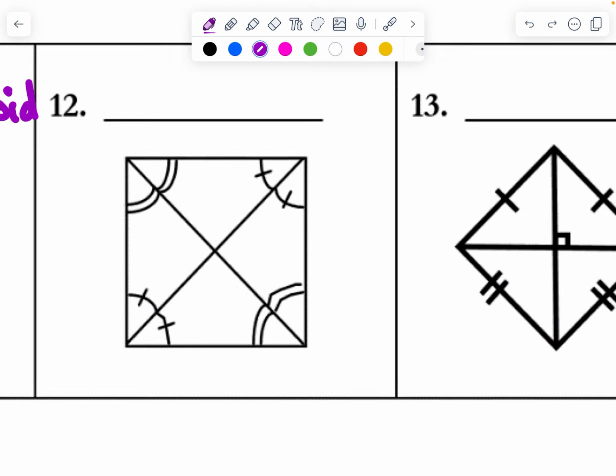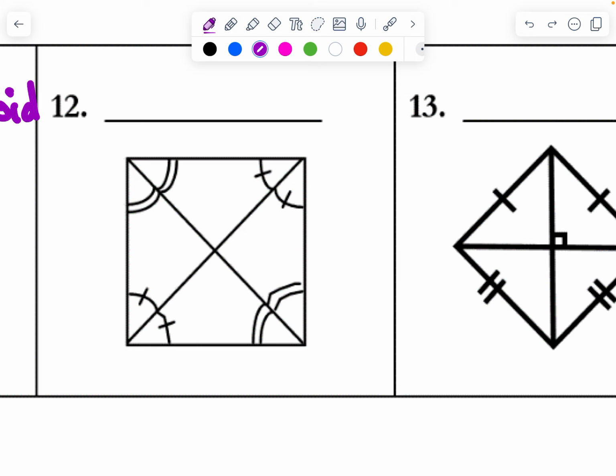Now, this is a little bit difficult. We don't know anything about the inside. However, we do know that these are bisected and that these are bisected. So, since we know that opposite sides are bisected, I know a lot of us are going to want to say that this is a square, because the only two shapes that have bisecting angles are going to be squares and rhombuses.